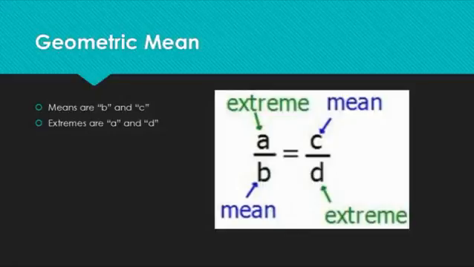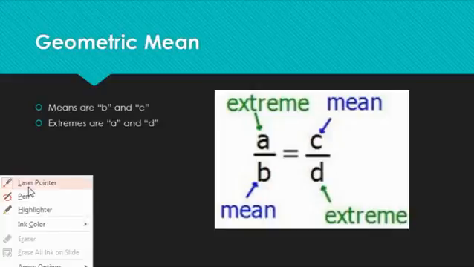Now we're going to talk about what's called a geometric mean. First, let's look at proportions. The first and last numbers in a proportion, in this case A and D, are what are called the extremes. The means are the inner two, so B and C, the two in the middle.